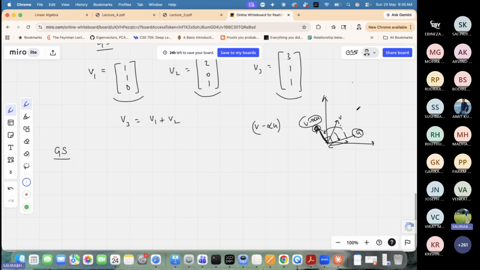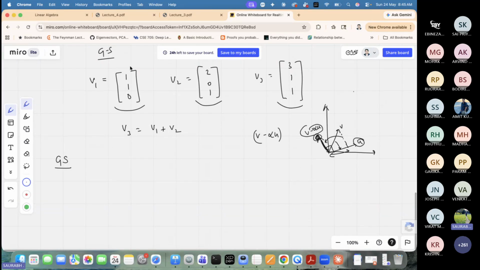Now you can also say that Gram-Schmidt helps you find independent directions or independent vectors from a given set of vectors. This is what we will be learning by applying Gram-Schmidt to these three vectors. So let's get started.